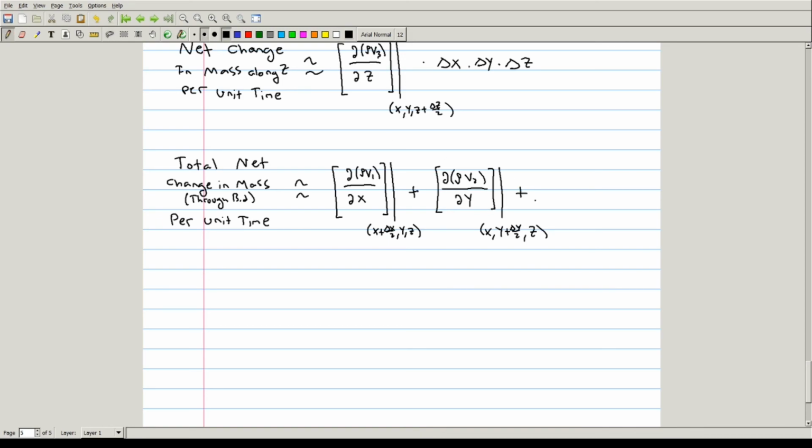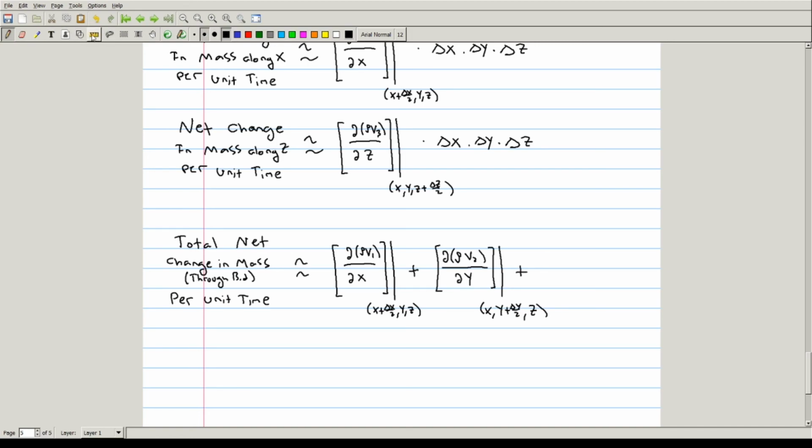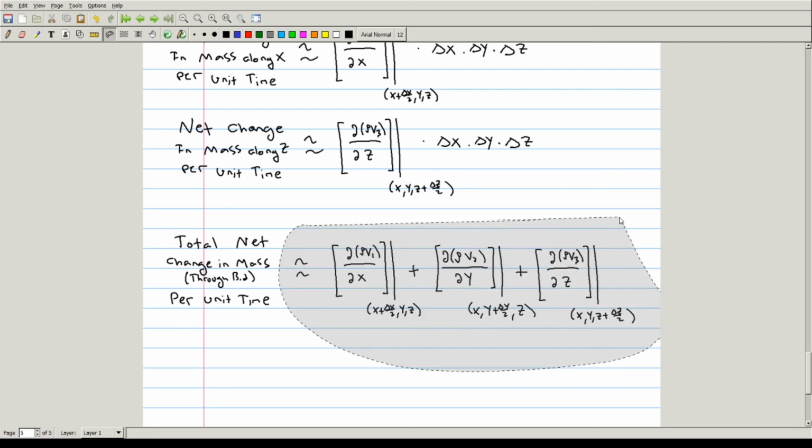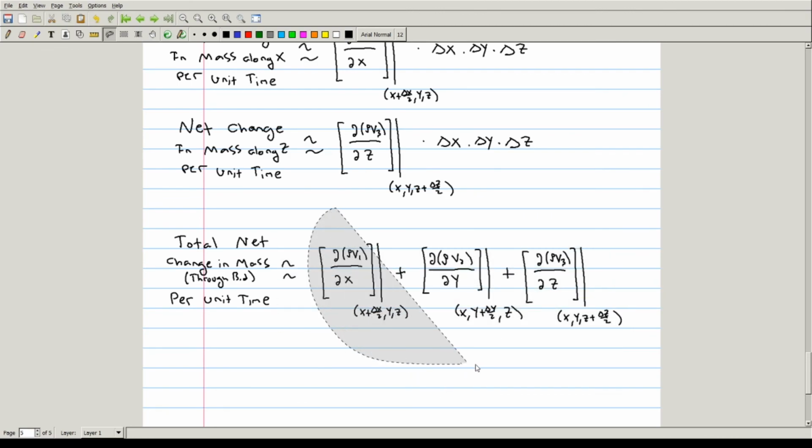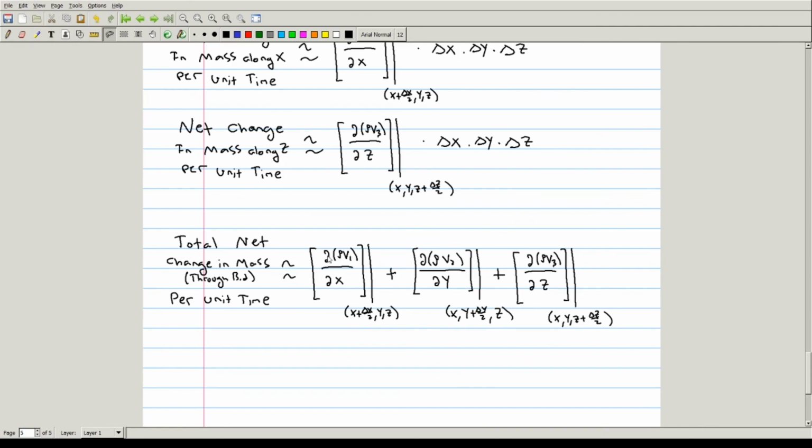And then lastly, plus the z partial derivative of rho v3. And all of this needs to be multiplied through by the total volume of the domain itself, delta x, delta y, delta z.